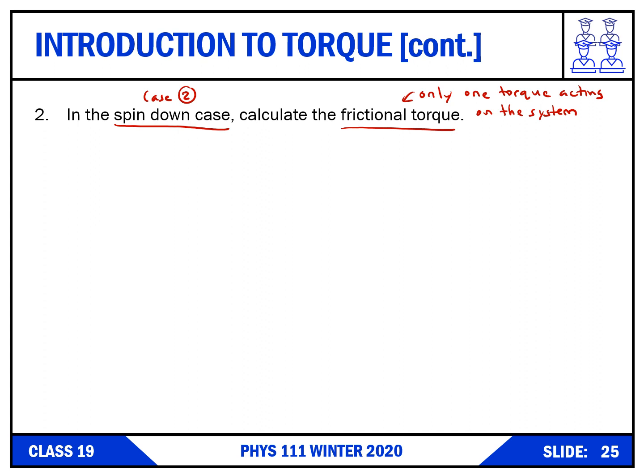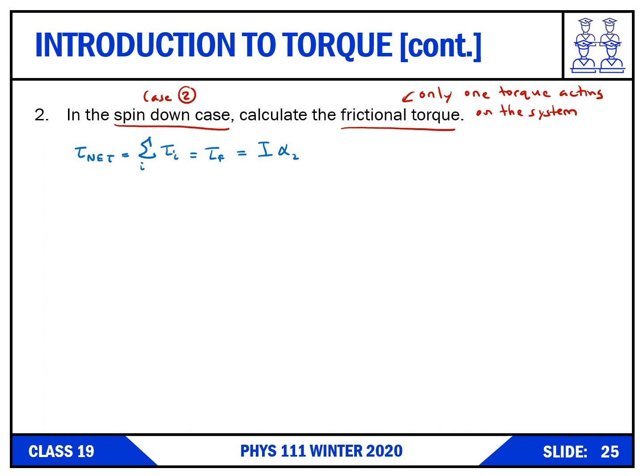So that means we have the net torque being equal to the sum total of all the different torques. We have tau F, and it's equal to the moment of inertia times the acceleration experienced in the second case.